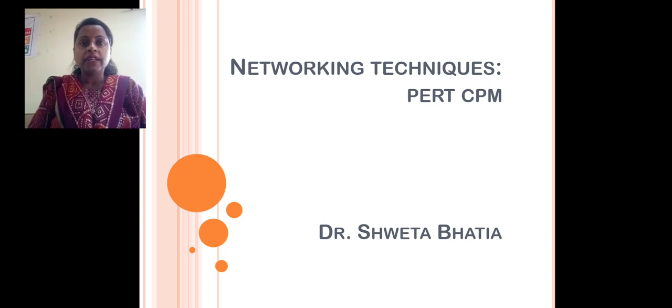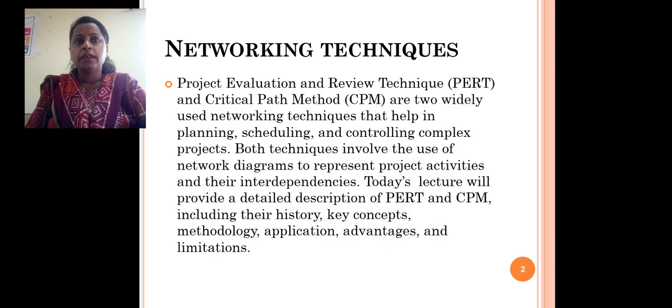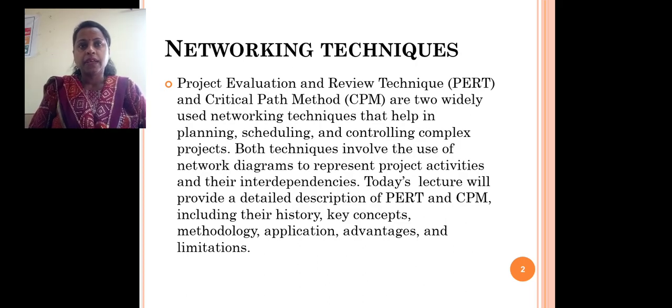Now we will study how project planning and control activities are run through the networking. Fine. So what is networking? In networking, we study two important techniques, that is PERT and CPM. PERT and CPM are two widely used networking techniques that help in planning, scheduling and controlling complex project activities.